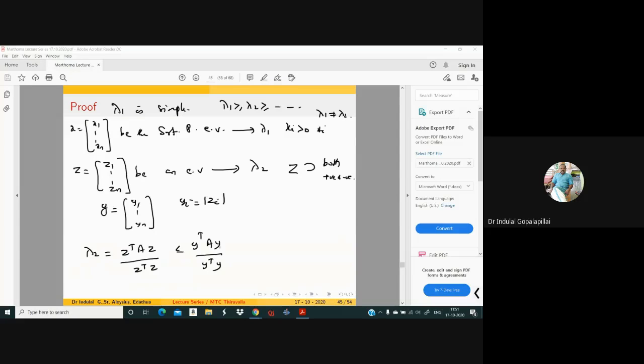This y is an element of R^n, so this is the Rayleigh quotient of y, and among these Rayleigh quotients the maximum is lambda 1. So this Rayleigh quotient is less than or equal to lambda 1.